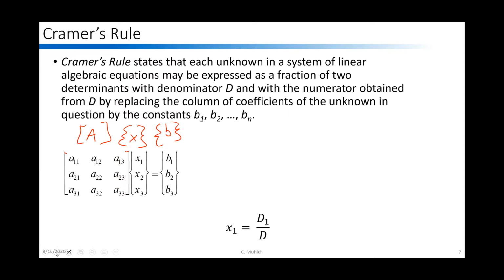The first determinant being some number D1, that's going to be the determinant where we replace a column with the b's, and then a second determinant, just regular D, that's going to be based off of this matrix A. Okay.